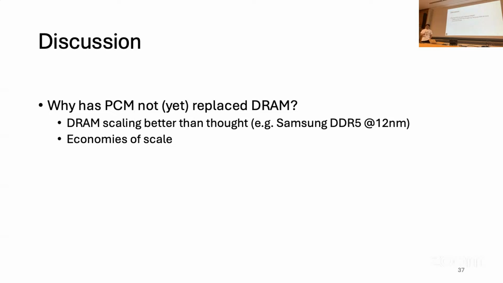There's a really high entry barrier into the business. To find a foothold, PCM really needs to provide really compelling value over DRAM. It cannot just be competitive, it has to be way better so that people go through the effort to replace DRAM with it, right?